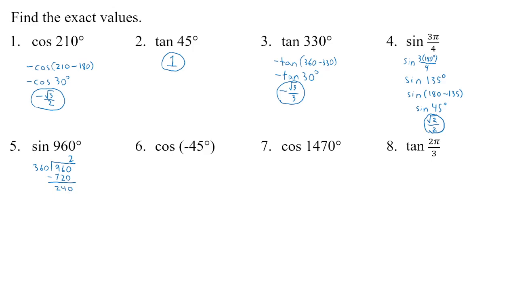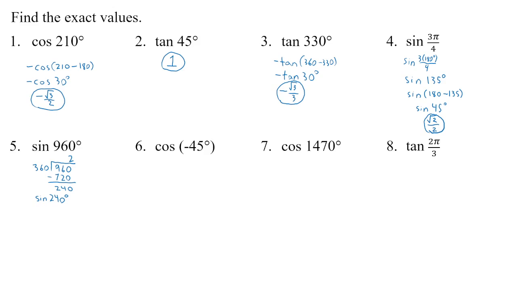Now, we go by the remainder. So, we're looking for a sine of 240 degrees. The 240 degree angle and the 960 degree angle are coterminal angles because they have the same terminal side.